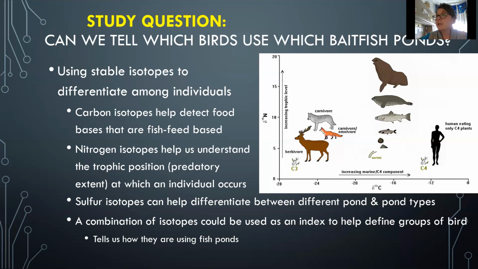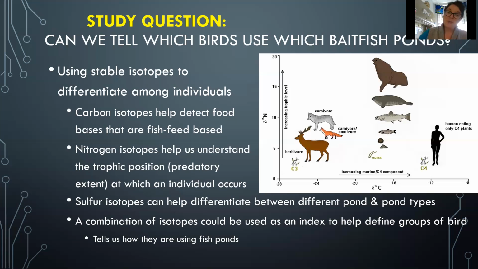But really it's using the combination of all three of these stable isotopes to basically build a model or an index that could be used to predict where a particular bird has been foraging based on its biogeochemical signature, right? And that helps us to understand how they're using these fish ponds.